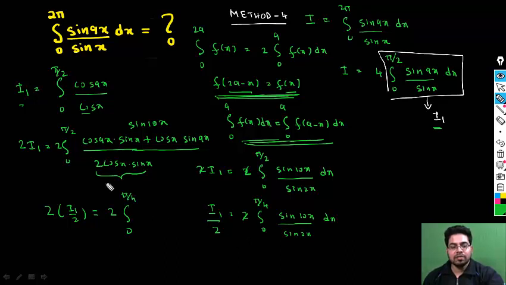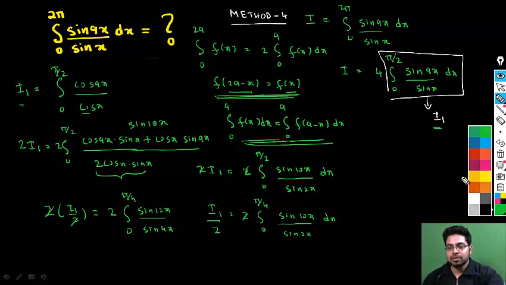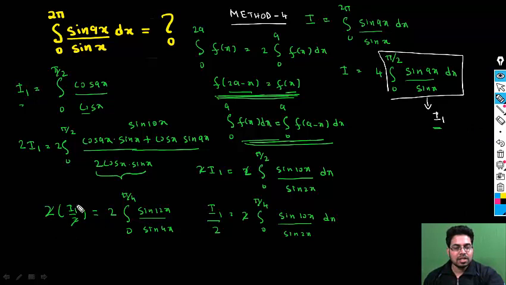And now if I do this process once more, this 10x plus 2x will make it sine of 12x, and this 2x will get doubled, so it would become sine of 4x. So this 2 and this 2 are getting cancelled. So finally I am getting I1 as 0 to pi by 4 sine 12x by sine 4x.